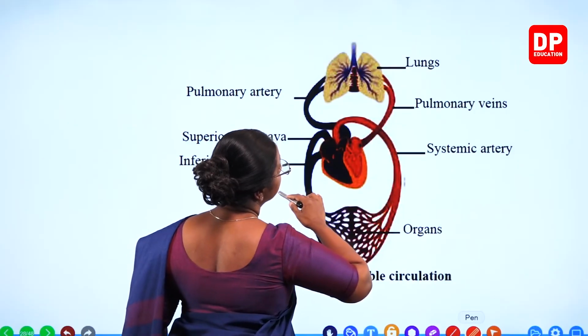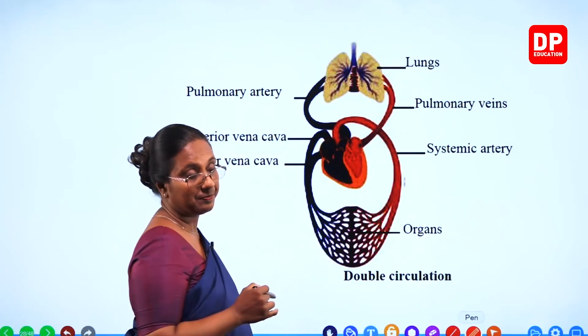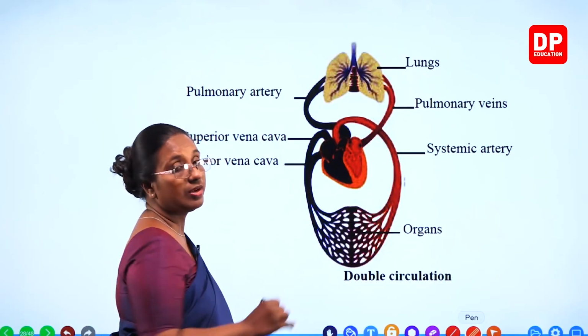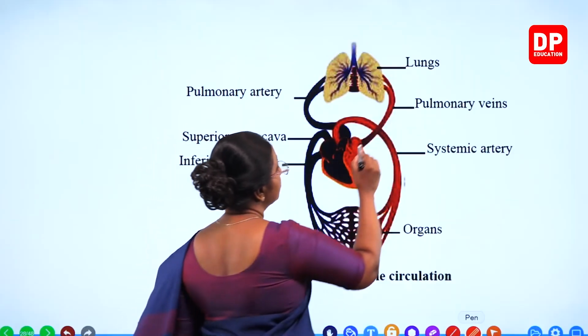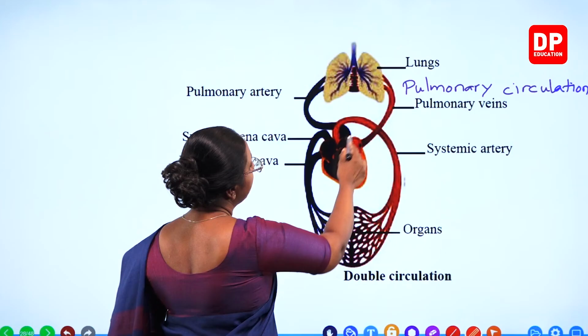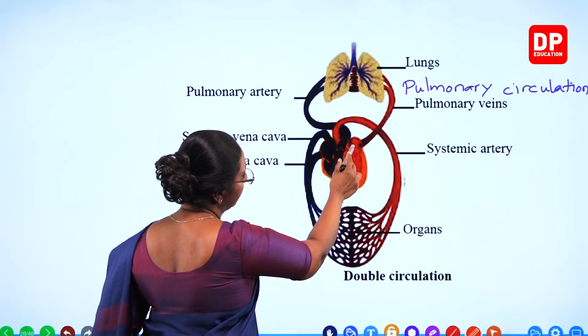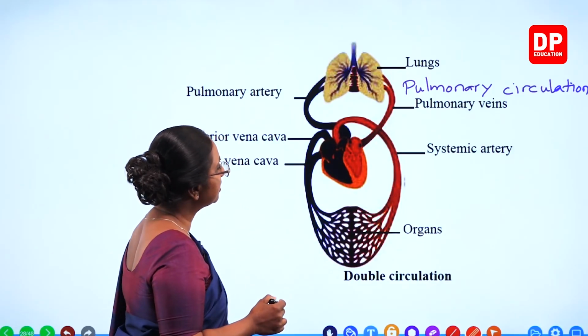Oxygenated blood comes from the lungs to the left atrium. That particular circulation is known as the pulmonary circulation. Then, what happens after that? When the oxygenated blood comes into the left atrium, it is pumped into the left ventricle.